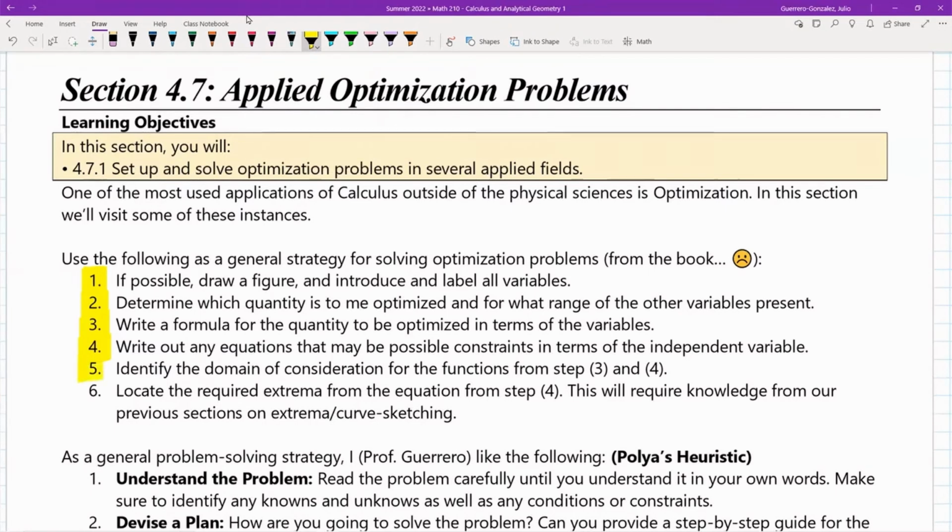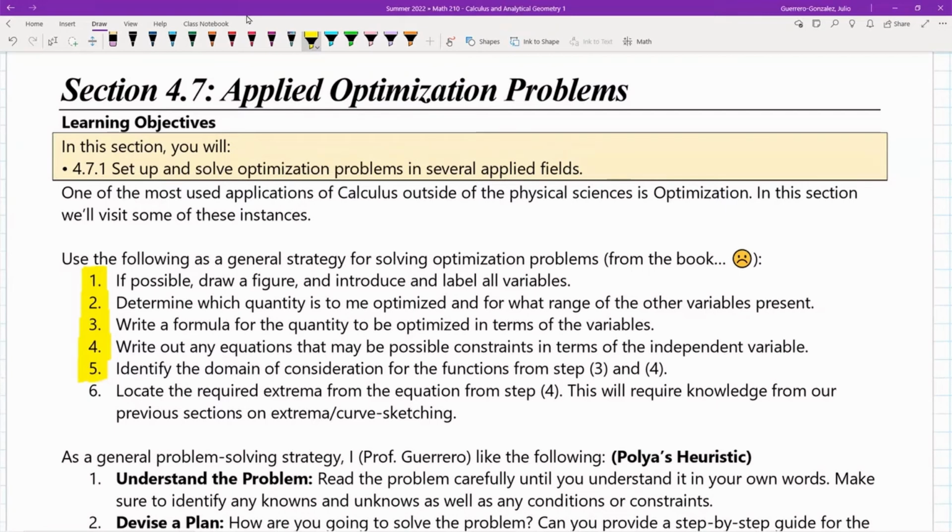For step 5, identify the domain of consideration for the functions from steps 3 and 4. This is basically saying, if you're messing with lengths, you can't have negative lengths. So you're not going to have anything where the length is less than 0. That's basically it. It's not much.